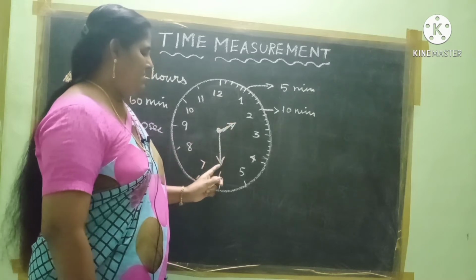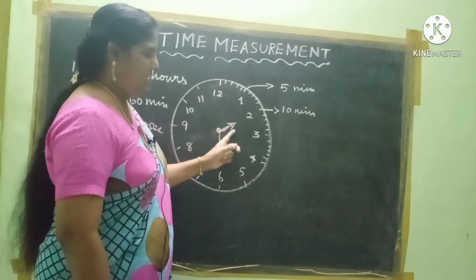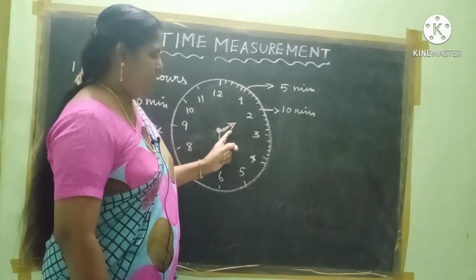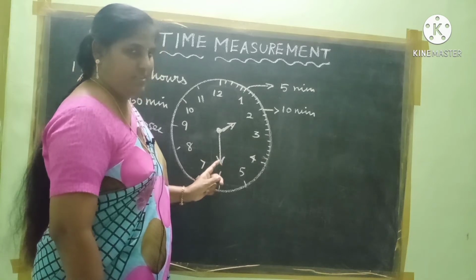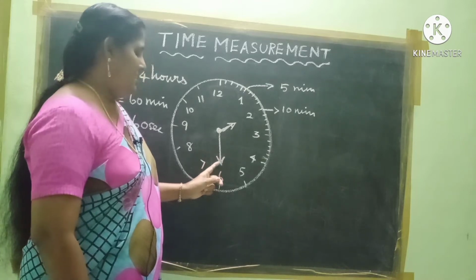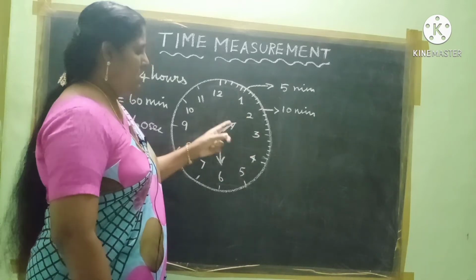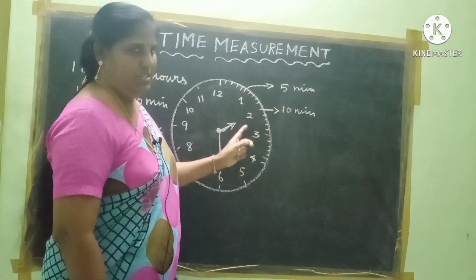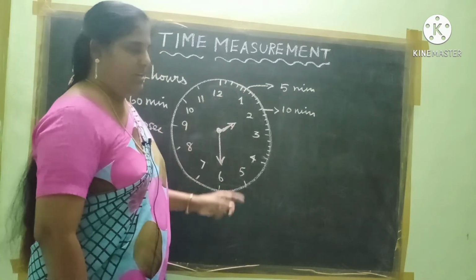So when the minute hand completes one round from 12 to 12, then the hour hand, which is now pointing at 2, moves from 2 to 3. That means it makes 1 hour. If it completes one round one time, it makes 1 hour, isn't it?